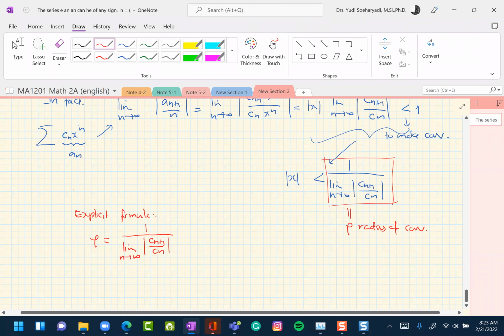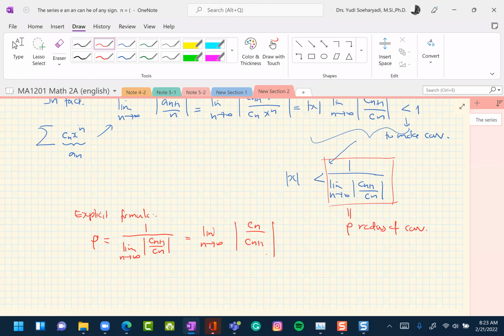That's the difference between term and coefficient. Of course, if you don't like this 1 over, you can take it out and write it differently. So that's the explicit formula for the radius of convergence. Questions?